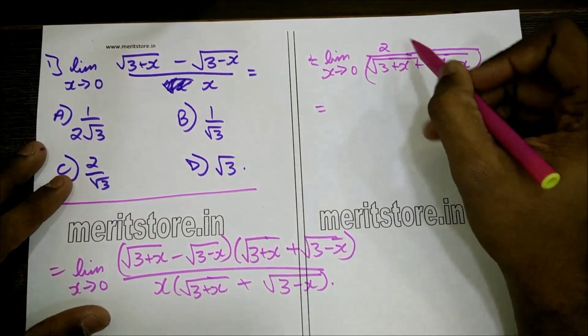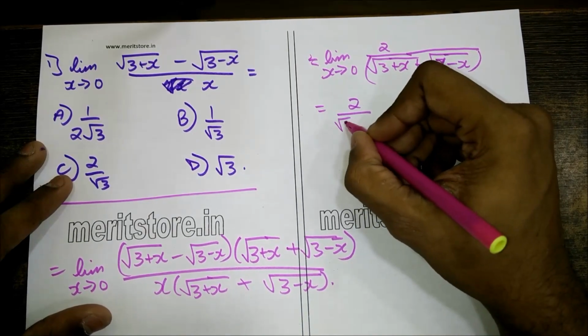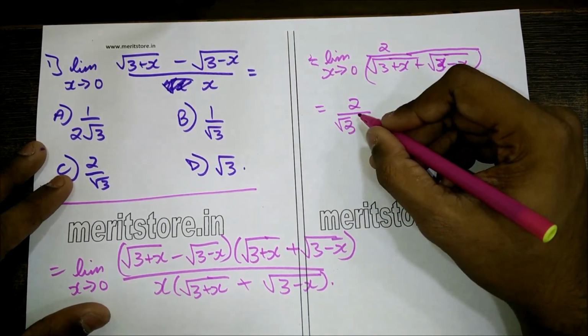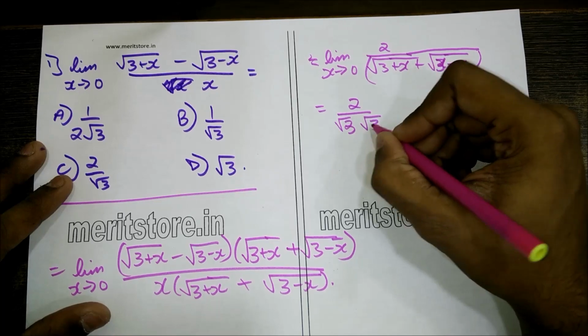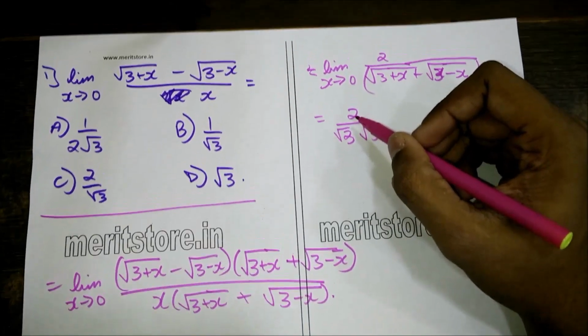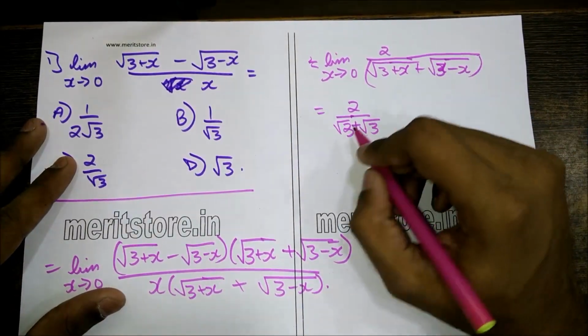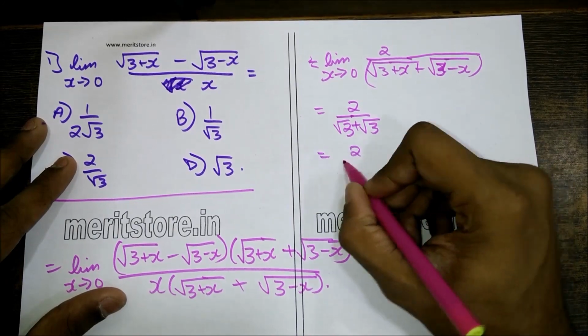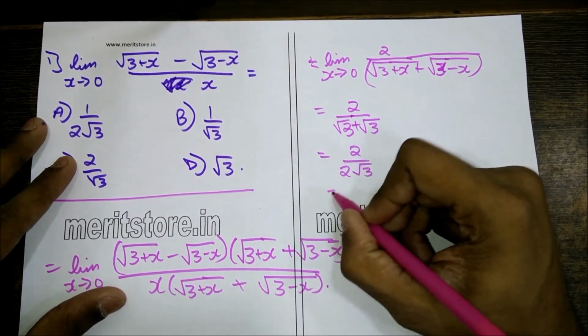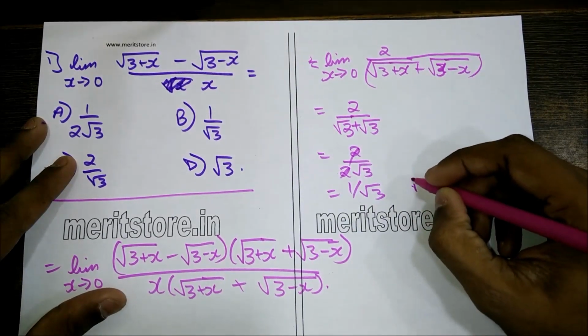Applying the limit of x tends to 0, we get 2 by root 3 plus root 3, which gives us 2 by 2 root 3, which is 1 by root 3. Option B.